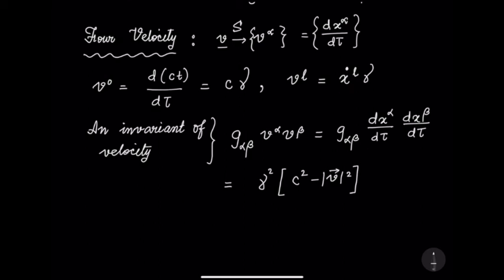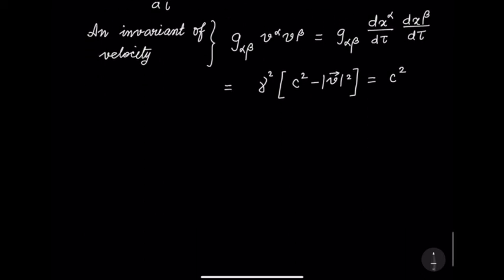If I take c square also outside, you will see that that is what will remain. So this is quite an invariant. The invariant of the four velocity is nothing but c square itself. Okay.